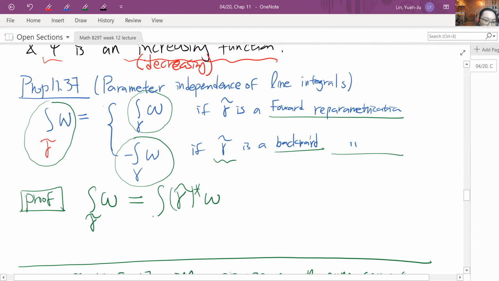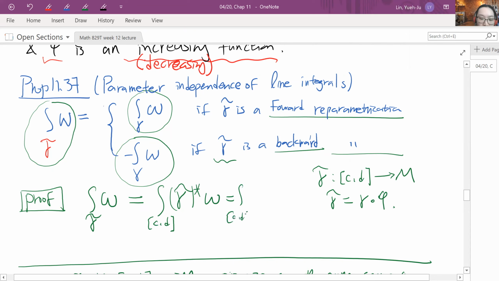This is the definition. And here I need to do a little bit of setup. Gamma tilde is defined on [c, d] to M, and because it's a reparametrization and I want the forward one, so this is like this, right? Okay, and you can just write down, compare with the definition. This is [c, d], and gamma tilde is just gamma composed with phi.